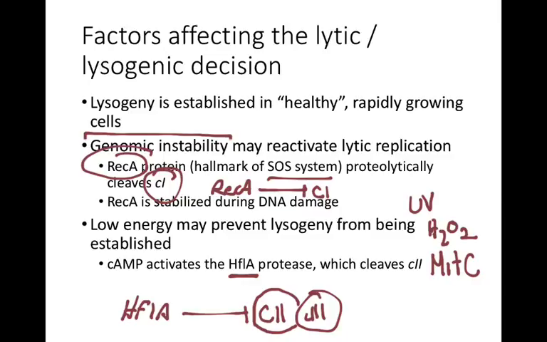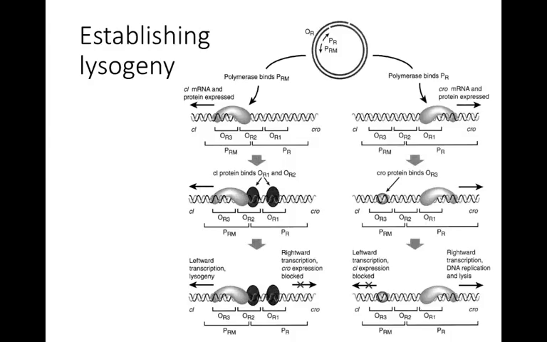If we take a look back at our promoter, what we find is the following. Degradation of C1 would remove C1 from both the OR region. That now leads to a loss in transcription of C1, and it leads to a loss in the ability to inhibit Cro expression.